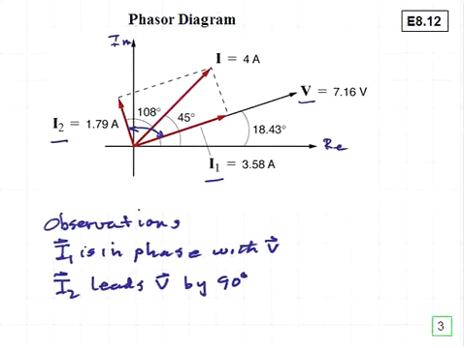And we can also observe that if we add the phasors or vectors I1 plus I2, this is equal to the current I, and this represents Kirchhoff's current law behavior, the summation of two currents equaling the third.